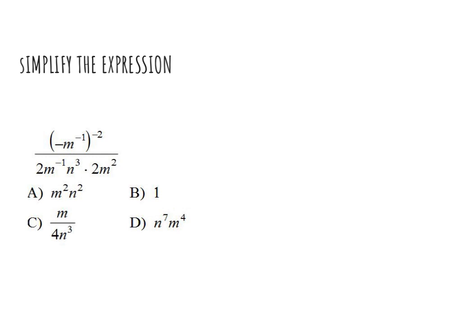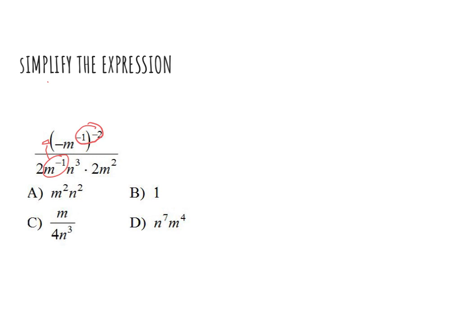So the very first thing we want to do is get rid of our negative exponents and any power to powers that we can. So I'm going to rewrite the expression, sorry, not equation. There is no equal sign. So I'm going to multiply my -1 times -2 for that power to a power.